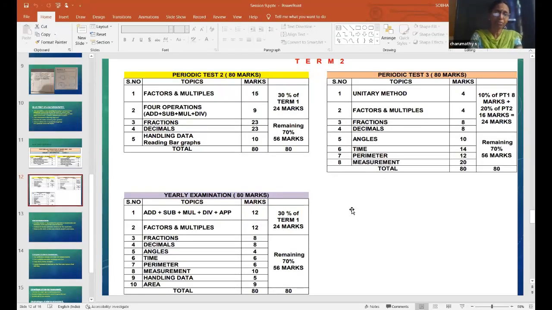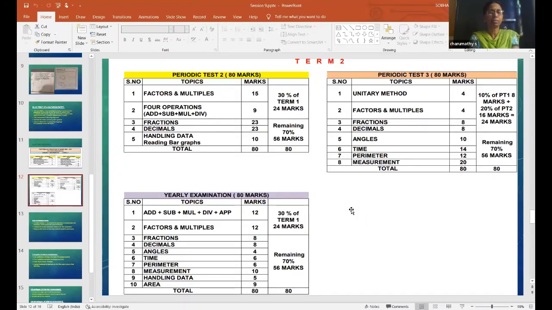So now again we are testing fractions, and we are not going for very high marks. In periodic test 2, when they first learned fractions, it was given 23 marks. Later that concept was tested in periodic test 3, and the weightage was only 8 marks. So now we are sticking to that same 8 marks.